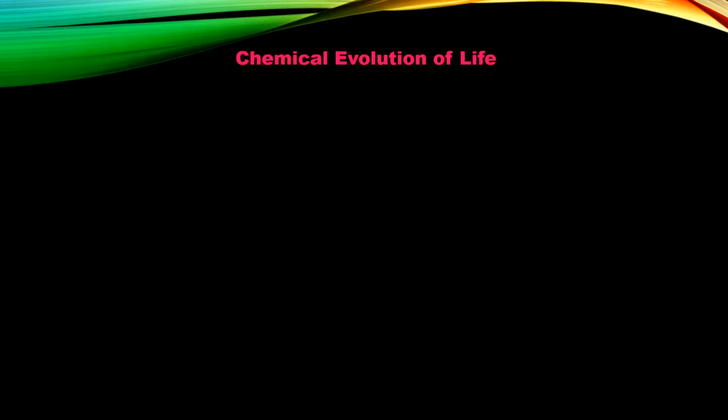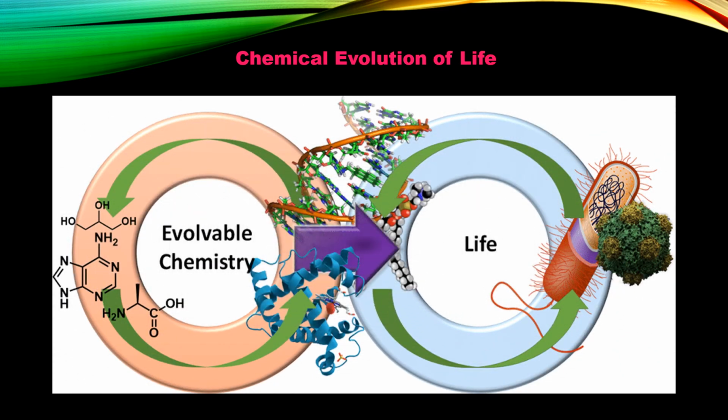Next one, chemical evolution of life. This idea was proposed by Oparin and Haldane. They proposed that conditions prevailing on the earth led life to arise from a series of sequential chemical reactions. See the diagram: first, pre-existing non-living inorganic molecules give rise to the formation of diverse organic molecules.